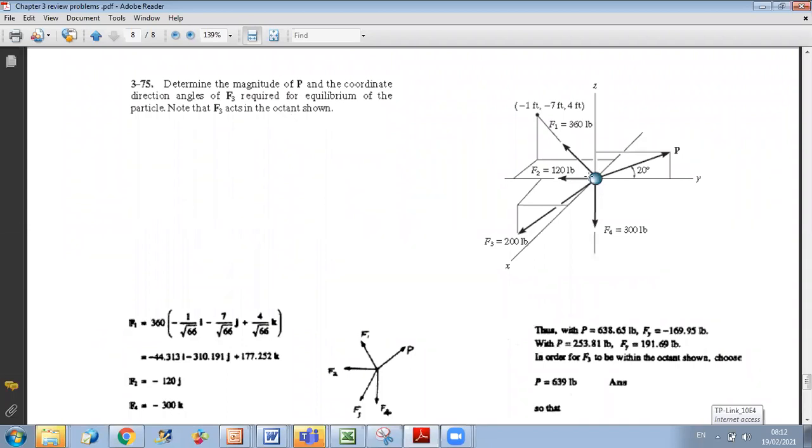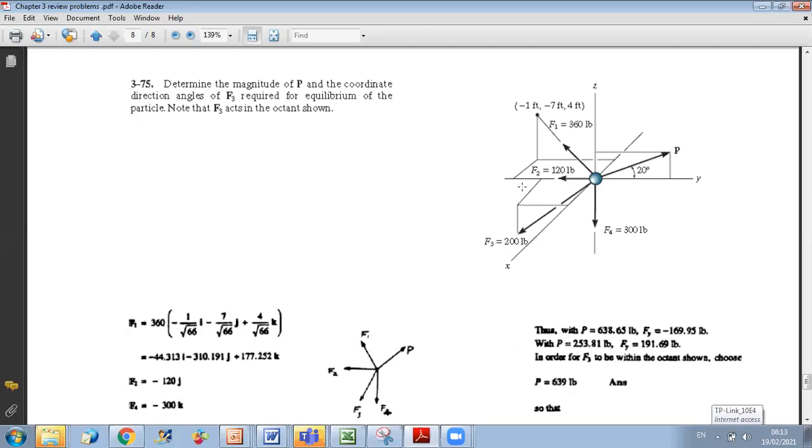You have a particle that is subjected to several forces, and you have a certain number of unknowns to find. First, what are our unknowns? All our unknowns are related to F3, because for F3 we just know the magnitude, but we don't know anything about its direction.